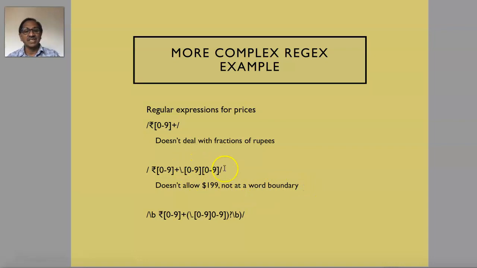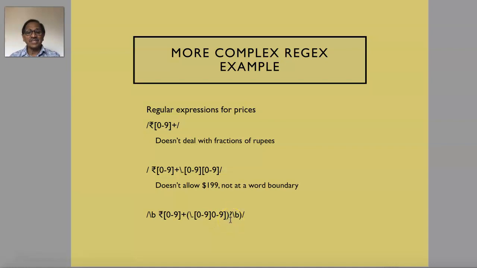Now this will not correctly give you again. It will give you the paise, right? But when there is no paise at all, what will you get? You have to say 199.00. If you want to avoid that also, then you can say there's a boundary, rupees 0 to 9 plus, then escape character, then dot 00 is this, and question mark.